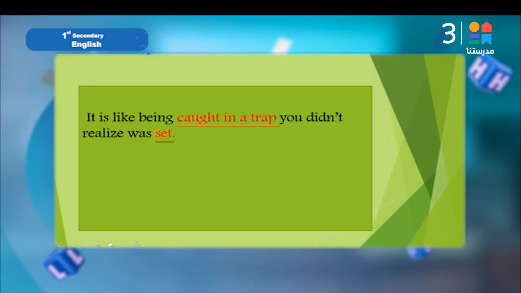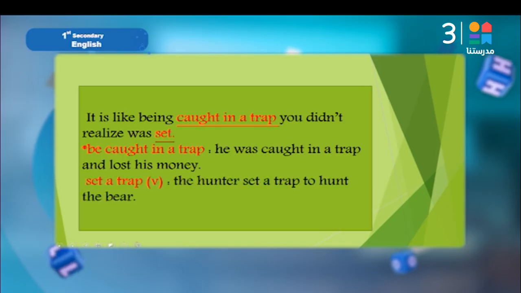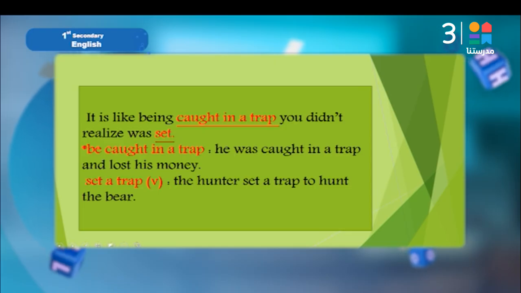It is like being caught in a trap you didn't realize was set. There is another phrase that you have to take care of. What's the difference between be caught in a trap and set a trap? Caught in a trap means that you are in the process of a scam.